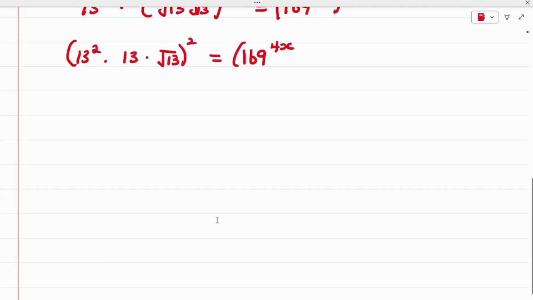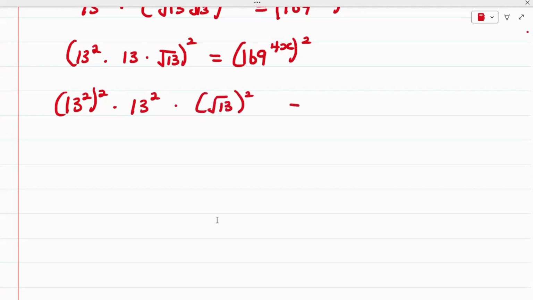Squaring both sides one more time, we have 13 raised to the power of 2 raised to the power of 2 multiplied by the root of 13 raised to the power of 2 is equal to 169 raised to the power of 4x multiplied by 2.